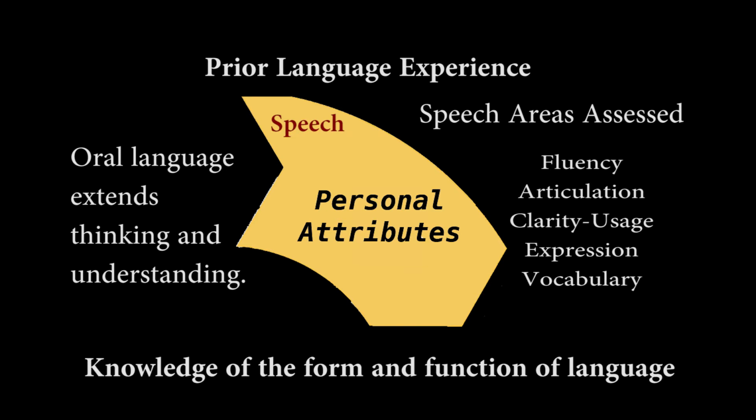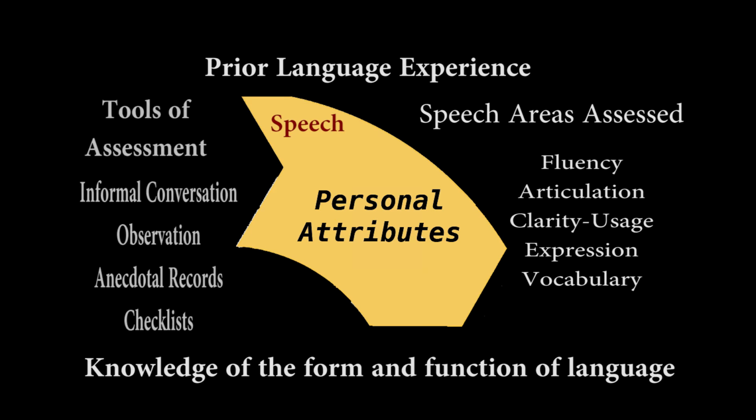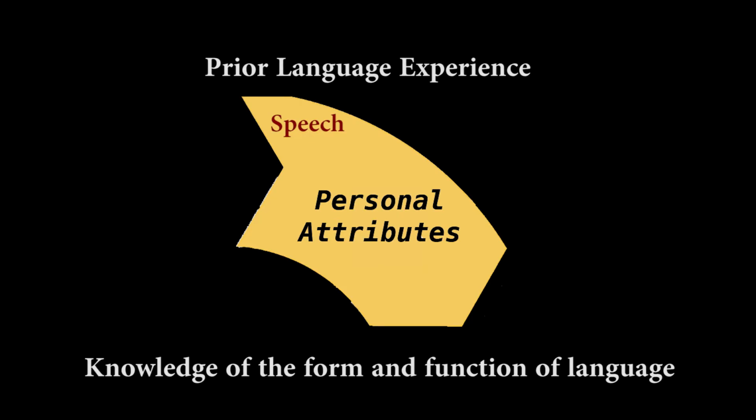Each of these competencies is directly related to the ability to read fluently with understanding and to write with clarity. Therefore, it is critical that a teacher assess the oral language competency of each student. Such assessment is normally done through informal conversation, through observation, anecdotal evidence, and through the use of checklists.